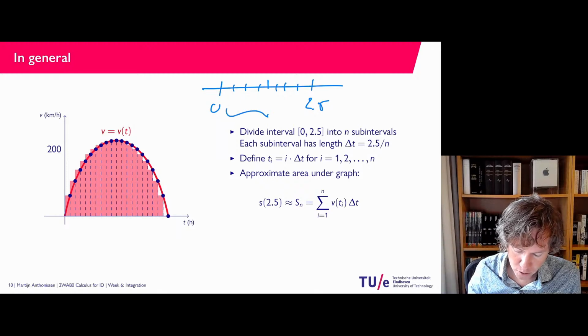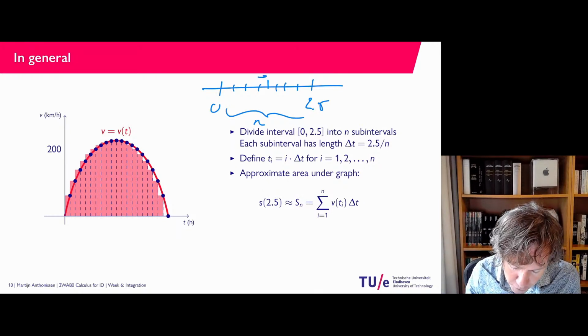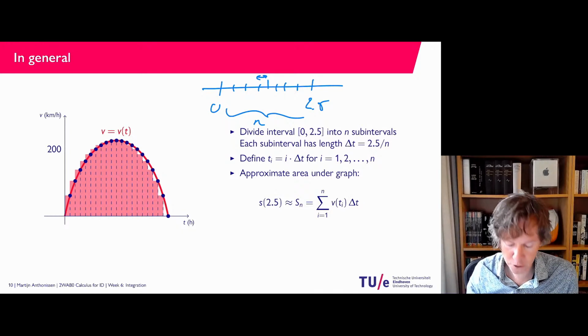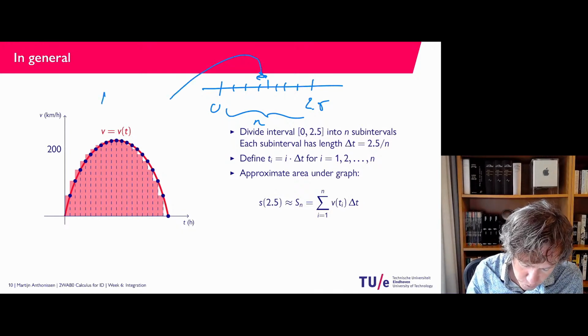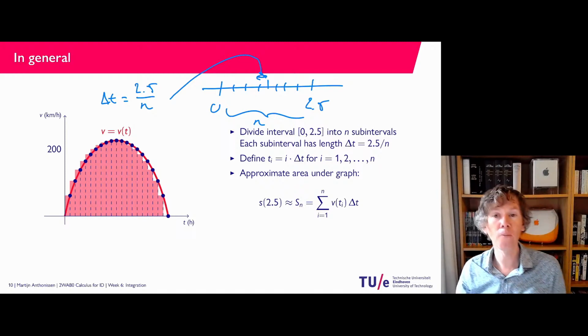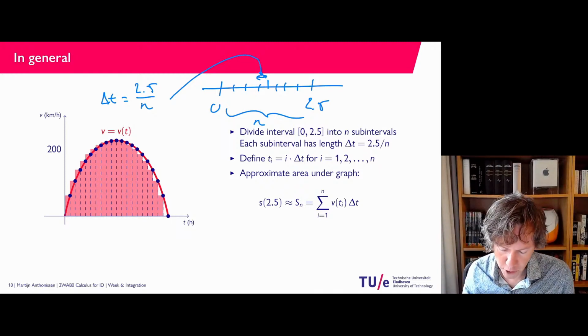The amount of intervals that we have is n, and that means that every time interval has the same distance, and the distance that you have here is called delta t, and that is the total distance, which is 2.5 over the number of subintervals that you take. Okay? So that's what's happening here.